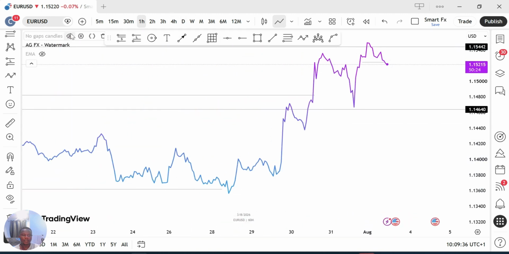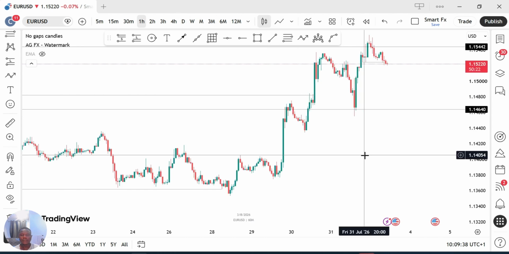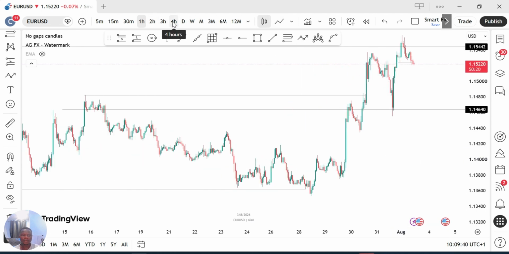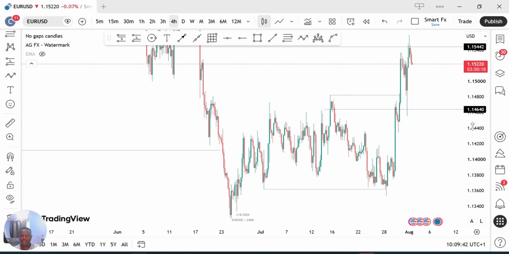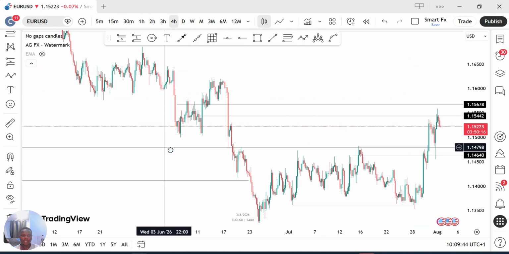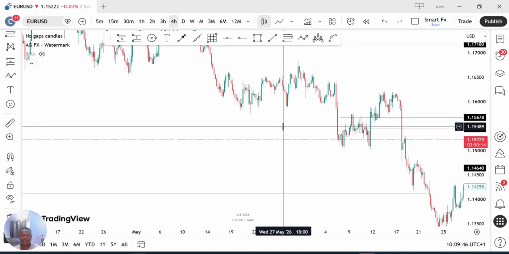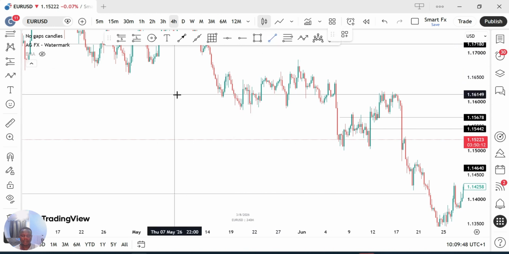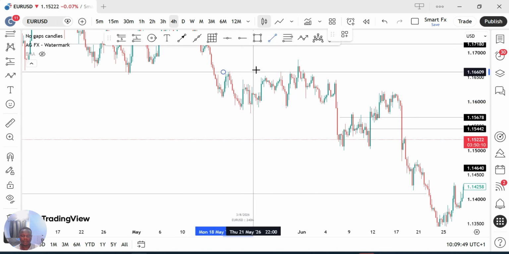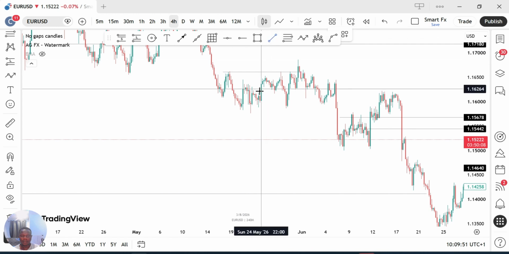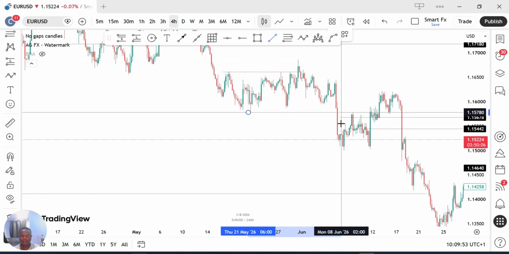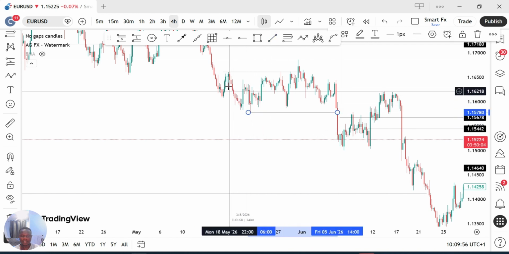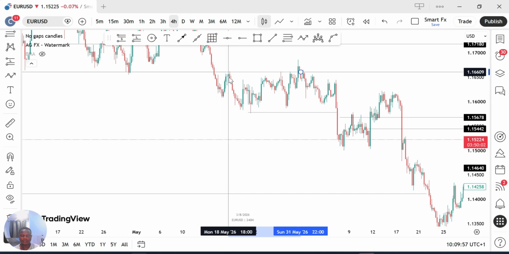Okay, so this is Euro USD. What I will do is go to my higher time frame, something like this, for instance. Look at this place. We have inducement here, we had a break of structure here. Do you understand? This is like 4 hours.